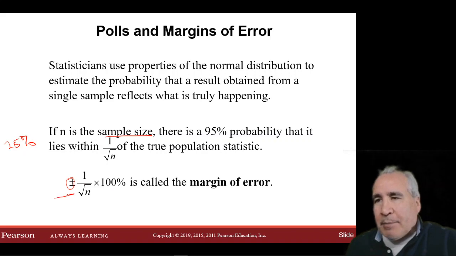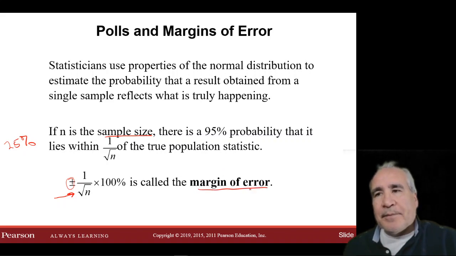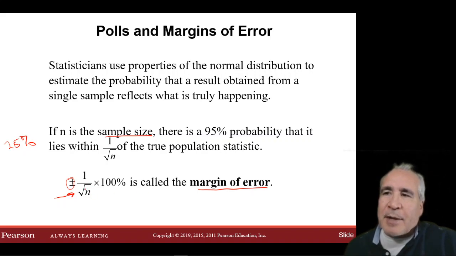The more people you ask about their opinion, the smaller the error is going to be. The margin of error will get smaller as you ask more people. So you ask 4 people, the square root of 4 is 2, that's 1/2. That's a 50% margin of error.